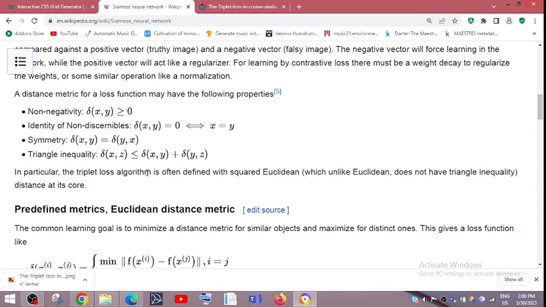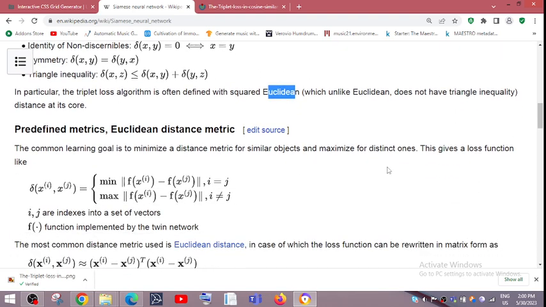In particular, the triplet loss function is often defined with the Euclidean distance. Unlike Euclidean, some metrics do not have the triangle inequality at their core. Predefined metric, the Euclidean metric. It is the Euclidean distance between the two points.